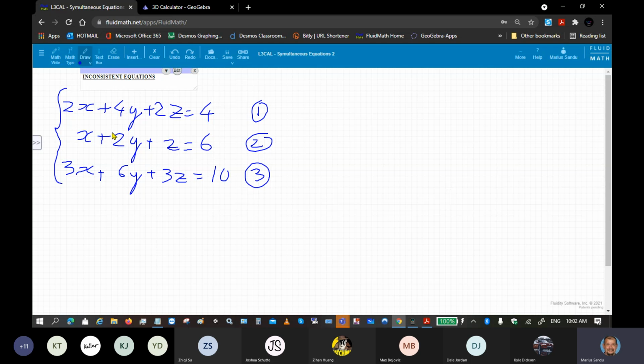So what I need to do now is, if I look at this, I can see that I've got here x, 2x, and 3x. So the coefficient of x in the first one is times by 2, in the third one is times by 3. Same applies for y. So 2y times 2 is 4y, 2y times 3 is 6y.